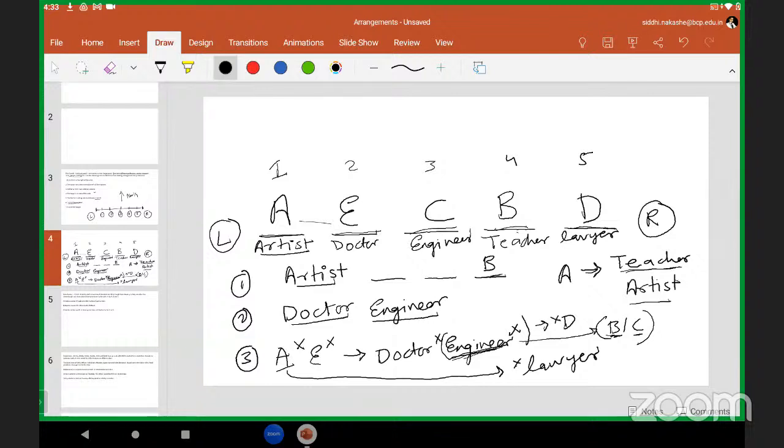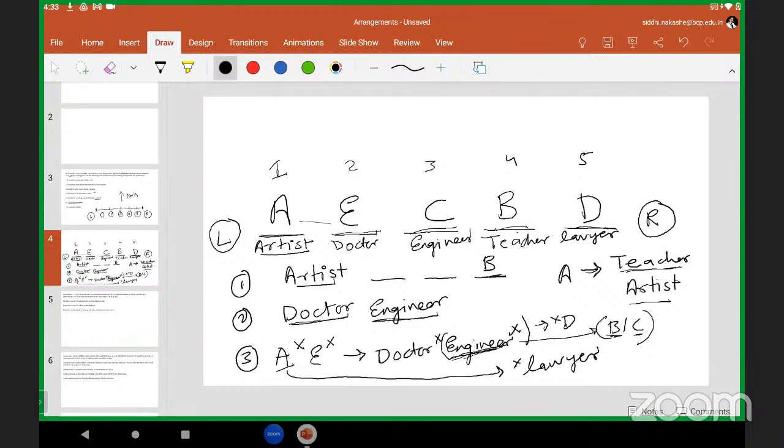So what we have done in this puzzle, there are five people. Okay, so the first condition was that the artist is sitting, no, the B is sitting third to the right. So this is the first condition that is satisfied. So now the doctor is sitting to the immediate left of the engineer. This condition is also satisfied. Now A is not a lawyer, not a doctor or engineer as well.